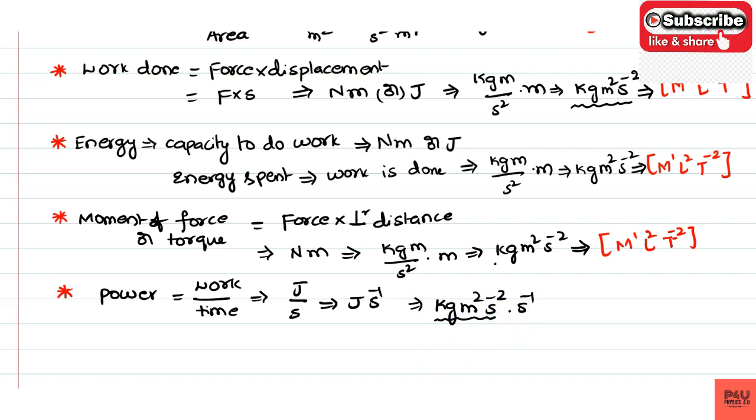So if you do this one, we'll get kg meter square second power minus 3. So for this you should write the dimensional formula: mass power 1, length power 2, time power minus 3 is the dimensional formula of power.